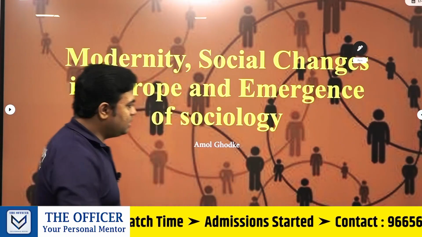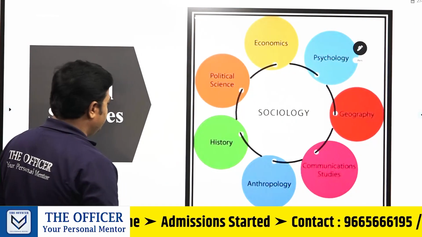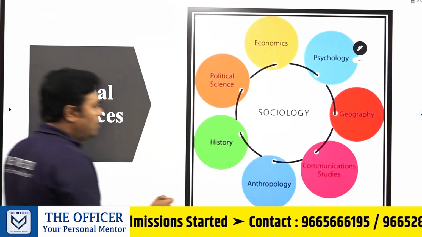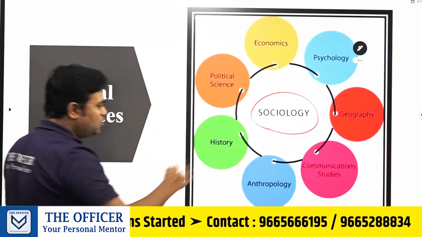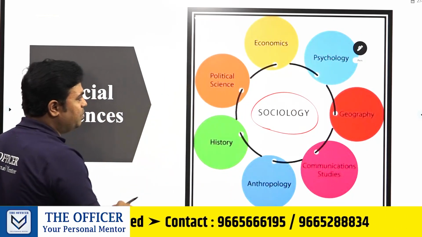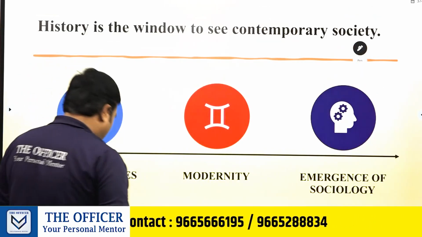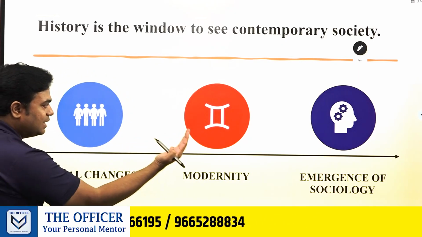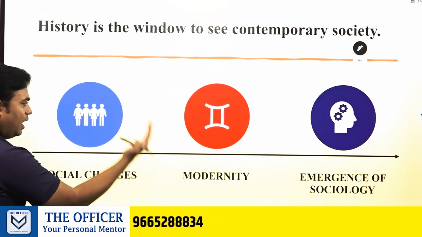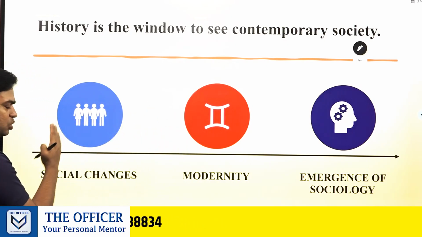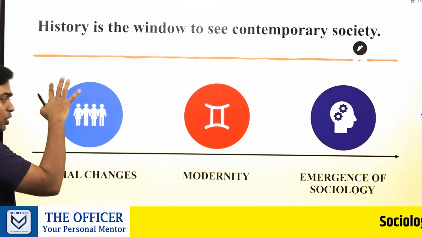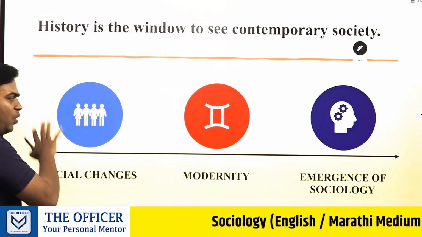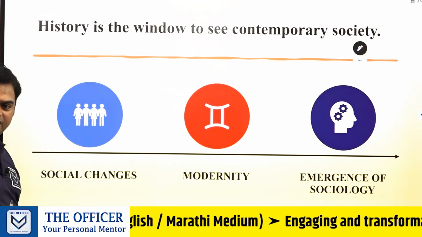In simple words, sociology is one of the major social sciences, and it emerged as a result of modernity, and modernity resulted from the social changes which took place in European society from the 14th century onwards.